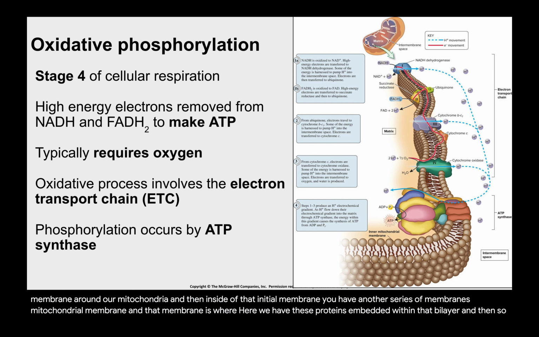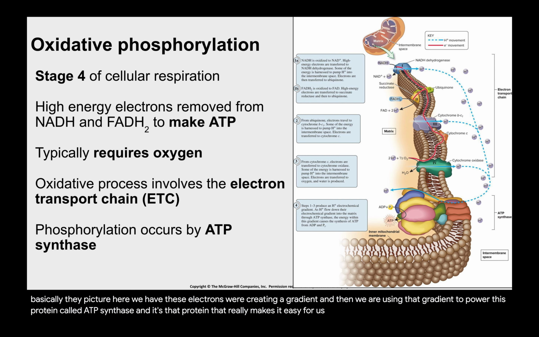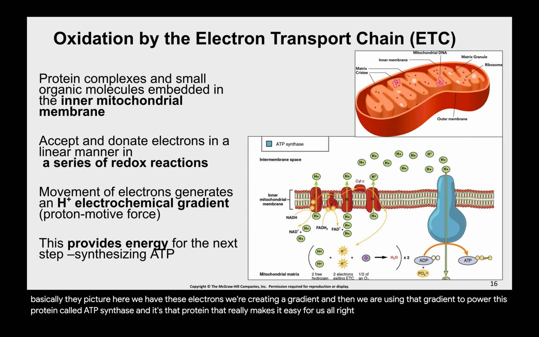So basically, big picture here, we have these electrons, we're creating a gradient, and then we are using that gradient to power this protein called ATP synthase. And it's that protein that really makes the ATP for us. All right? So let's talk about building up that gradient.